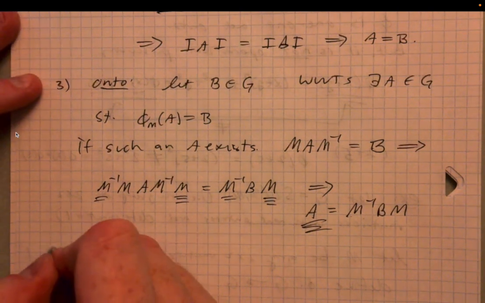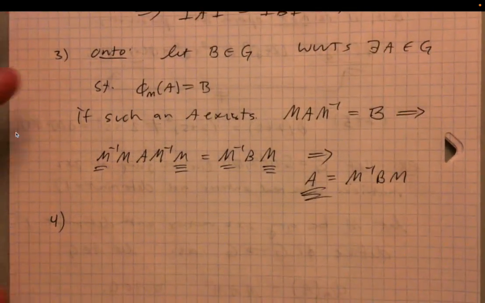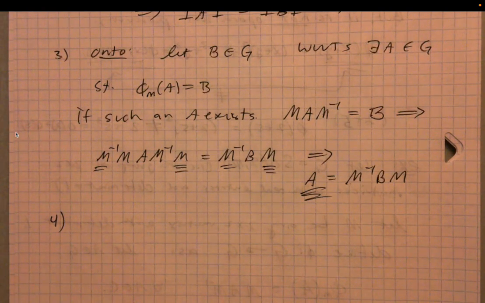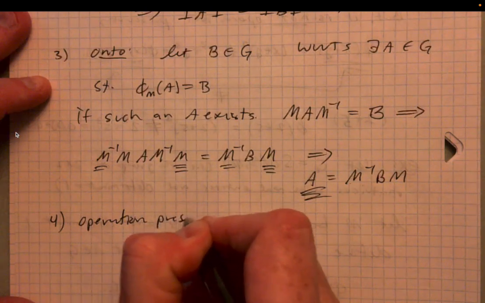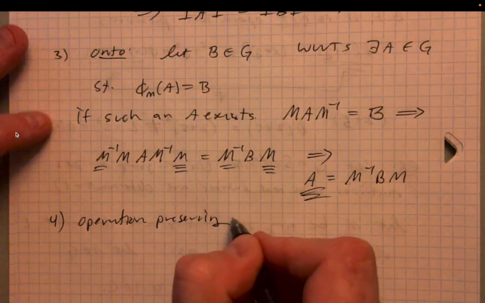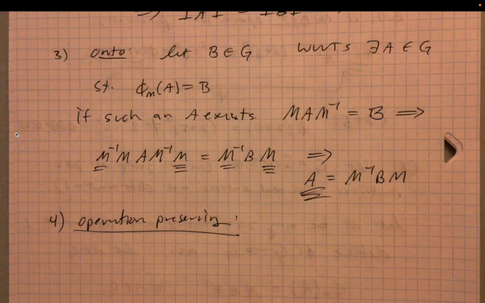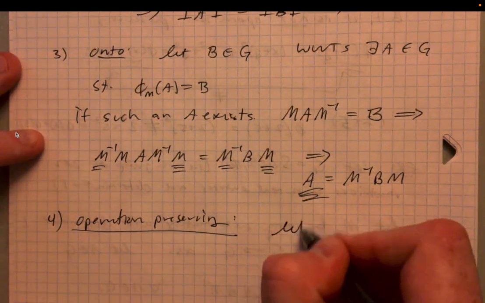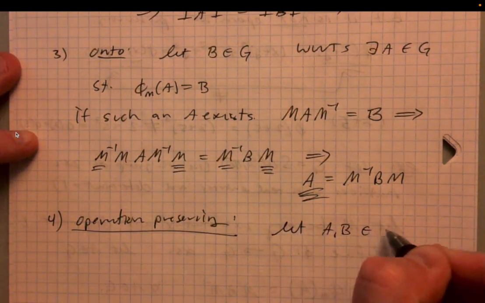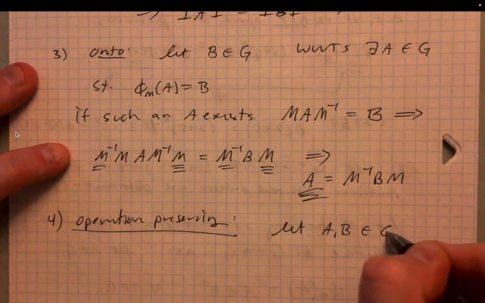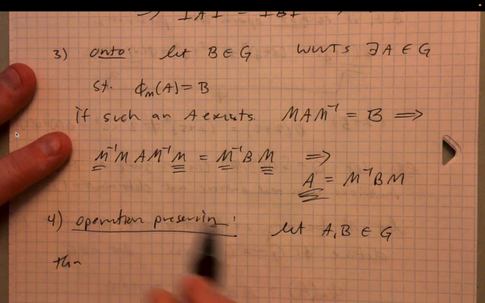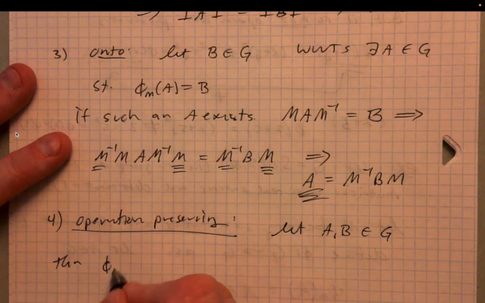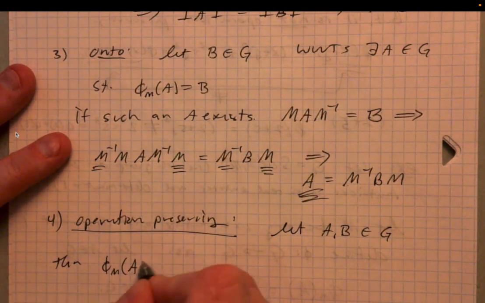And finally, is this mapping operation preserving? Let A and B be in SL2R, or G. Let's go through the exercise of applying phi to AB.